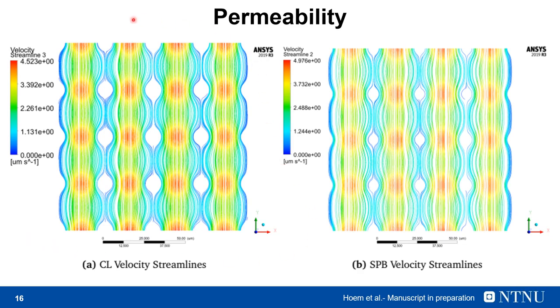In the first picture here, we can see the velocity plot for the cubic lattice. We can see that there is a main stream through the cubic lattice that is not obstructed by anything other than the horizontal beams.